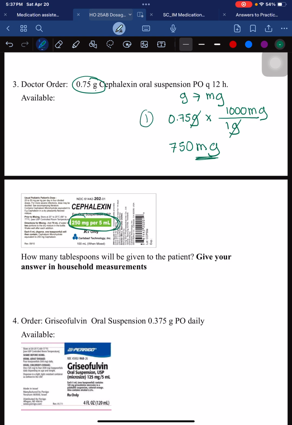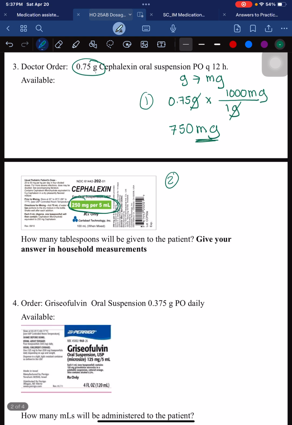Okay, now the second step, I can figure out what the doctor's order is because I know this is equal to that now. So now the MD order is 750 mg. The box is 250 mg per 5 ml. That's the label right here. So I want mg at the bottom so I can cancel it out.